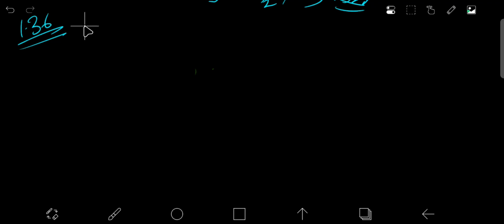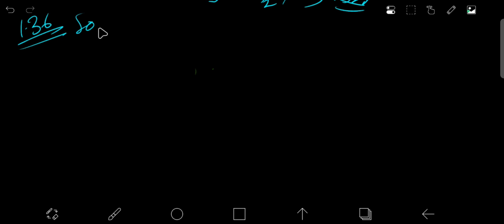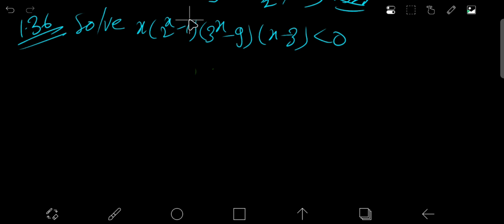This question is to solve x into (2 to the power x minus 1), into (3 to the power x minus 9), and x minus 3 less than 0. From here also we can easily find roots. This equal to 0, so x equal to 0.